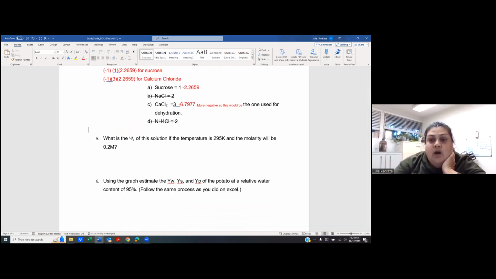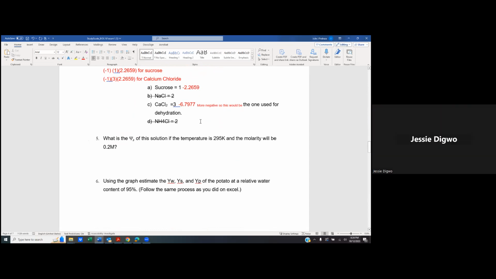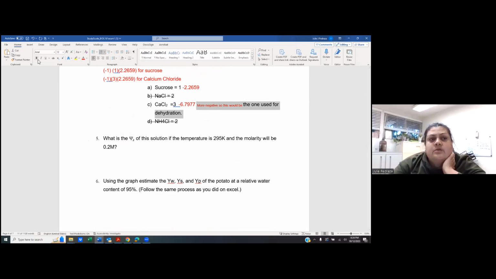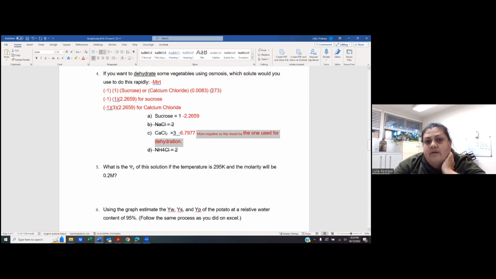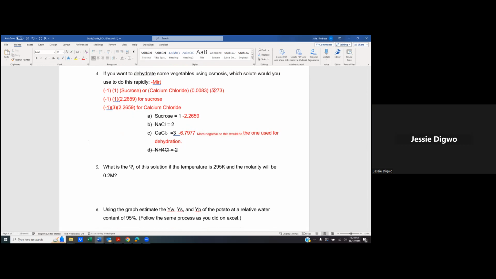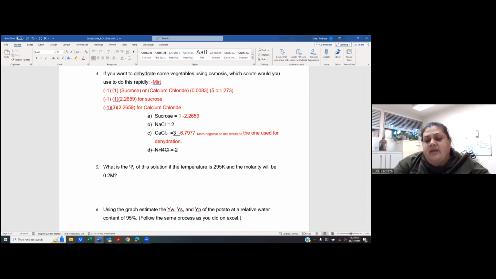Okay, next one. I have a question actually. So when you say Celsius will be 0, is it like the temperature? Like when you put the temperature there? So remember when we incubated the potatoes at 5 degrees Celsius, then this number would change because it would be 278, because the potatoes were at 5 degrees Celsius.